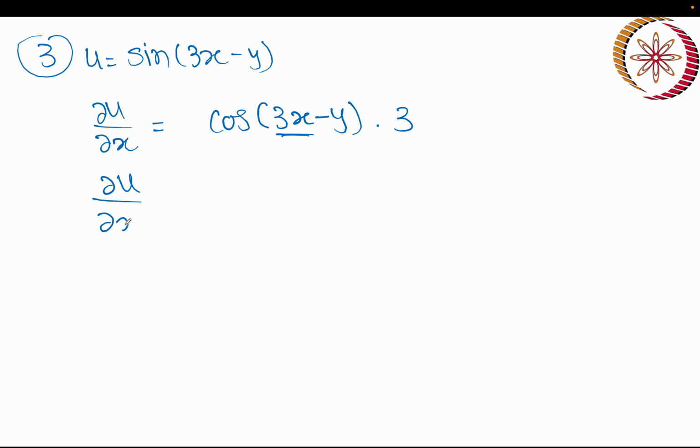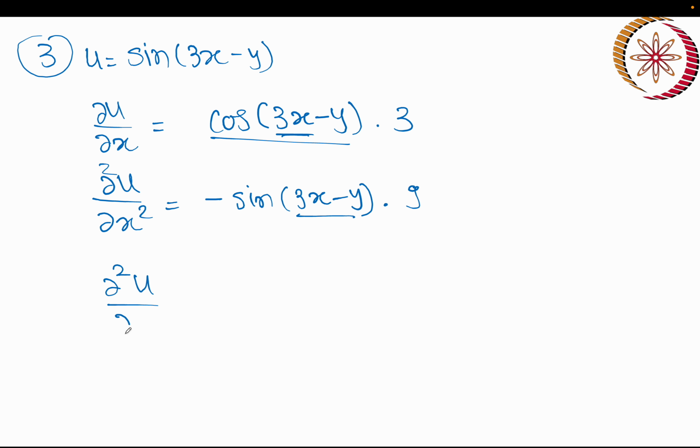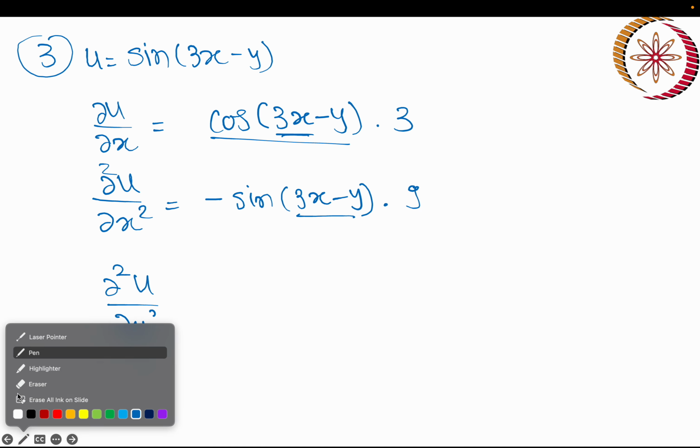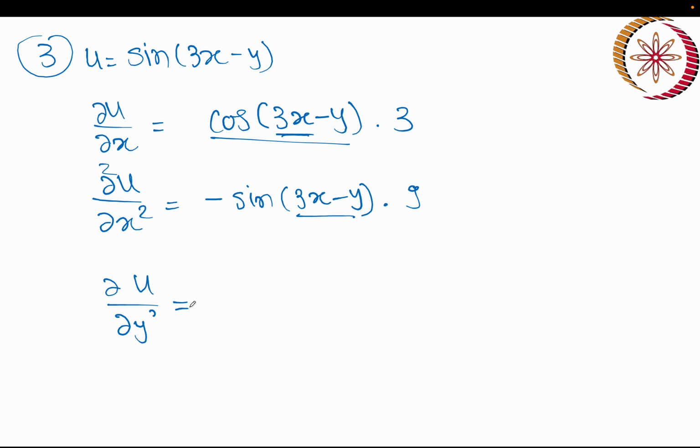Again, dou square u by dou x square: differentiating cos will be minus sine 3x minus y, and by the chain rule this will be 9. The next term is the first derivative with respect to y. If we differentiate with respect to y, it will be cos 3x minus y, and we have to differentiate the term in the bracket, which will be minus 1.